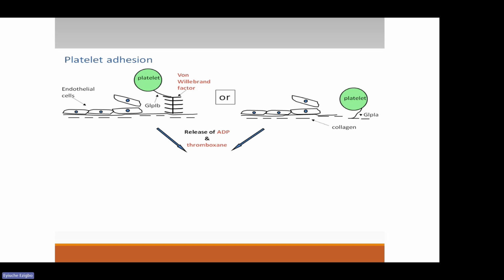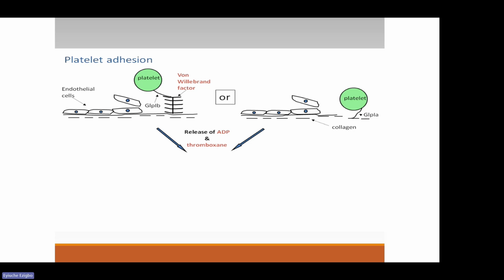This process we call the adhesion of platelets. Platelets adhere to the subendothelium through von Willebrand factor or through the collagen, using glycoprotein 1a to link to the collagen, or glycoprotein 1b to link to von Willebrand factor.